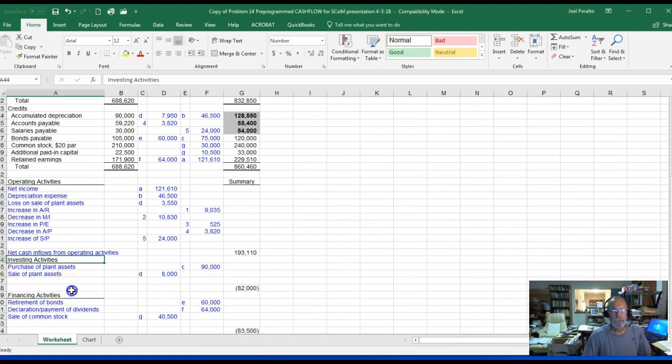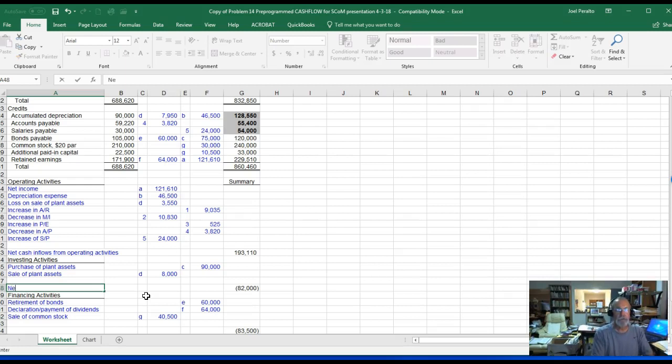Under investing activities, you see it's a negative amount, and so we would call that net cash outflows from investing activities, minus 82,000.